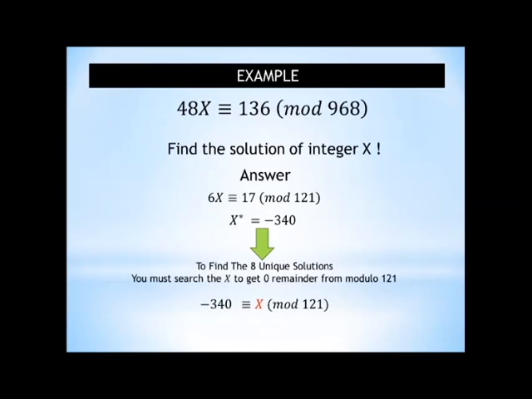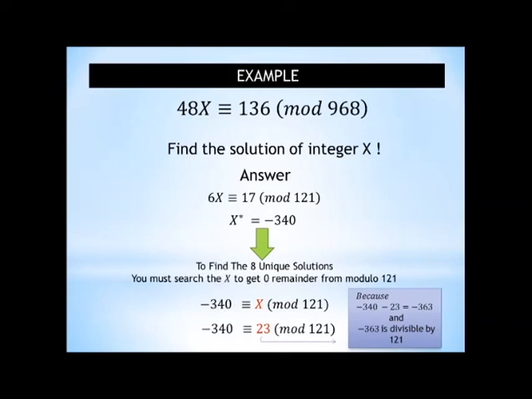And here we go. Minus 340 congruent x mod 121, and it gives x equal to 23. Why? Because minus 340 minus 23 gives minus 363, and minus 363 is divisible by 121.